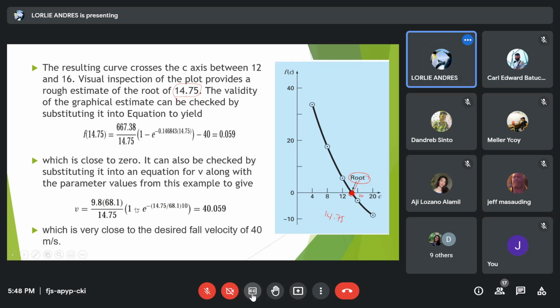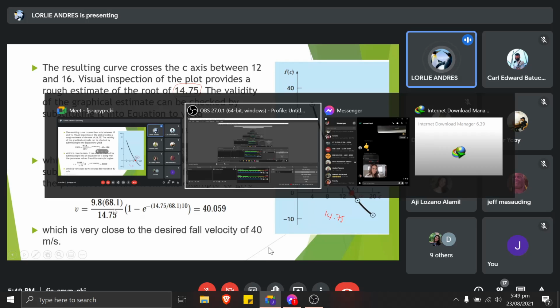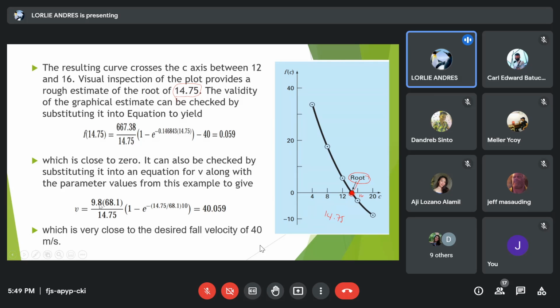And then, you can also check it by using this. Right? You have V. Your equation, you derive it. What you are looking for is the velocity. Okay, when you derive it, this is its equation. So 9.8 multiplied by 68.1 over 14.75 times 1 minus e raised to negative 14.75 divided by 68.1 times 10, it will give you 40.059.